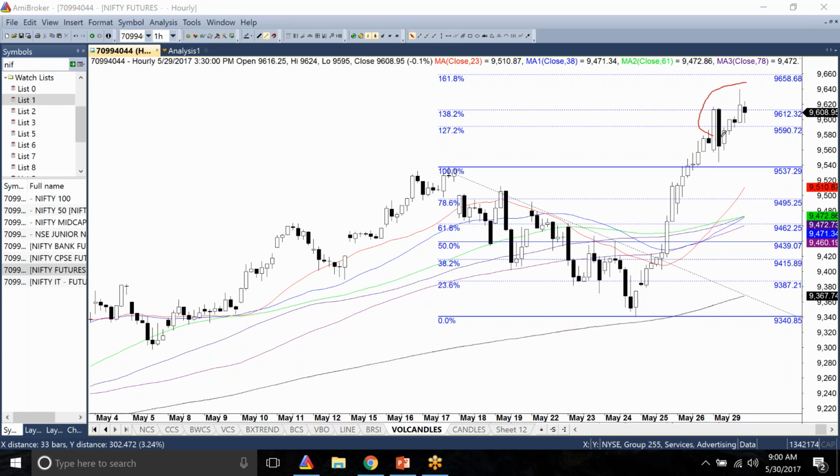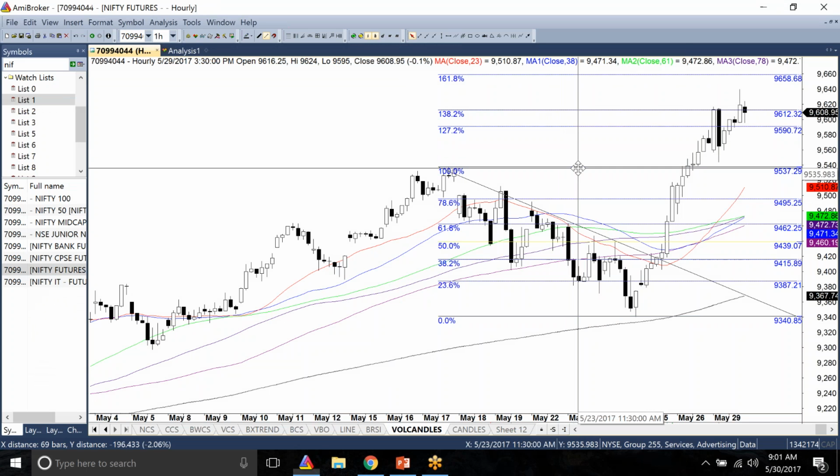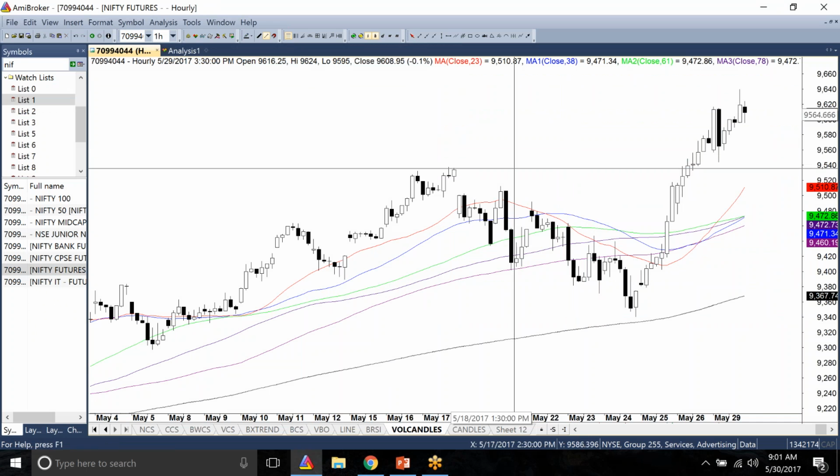You will see we are at resistance at Nifty, and unless Nifty manages to close above this, if it closes above this level, 2 or 3 closes above this level, then we can target 9658, not before that. If it fails and if we get a price action of some bearish candle like this, then we will use our retracement tool.